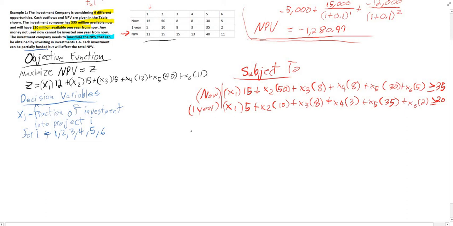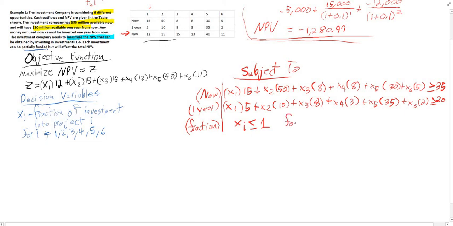Now we also need to define that this is a fraction. Our investments are in fraction form. So x of i must be less than 1. This defines all fractions of the investment. You can't fund a project 2 times.